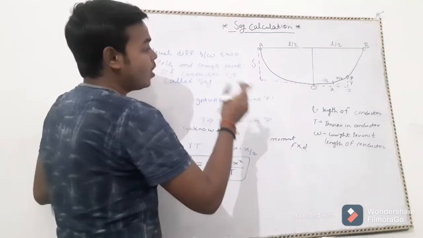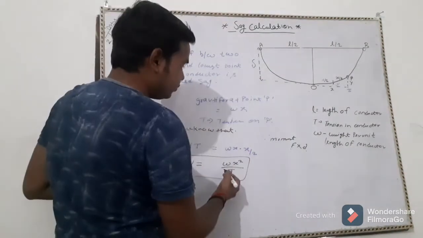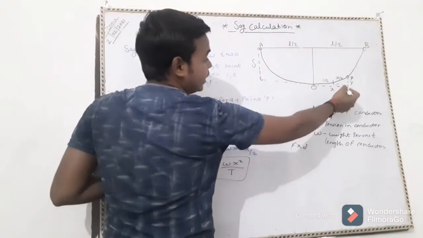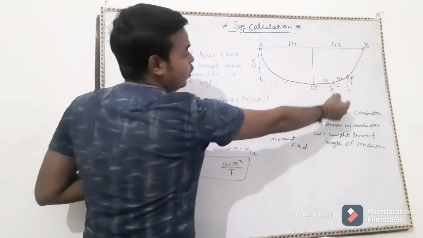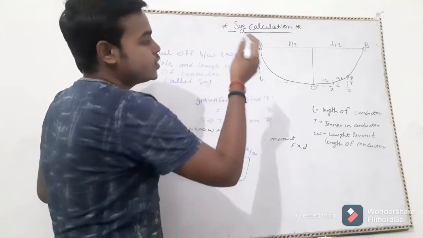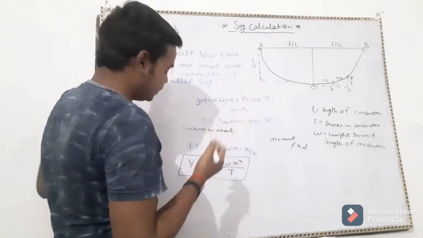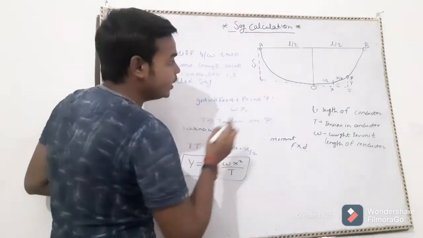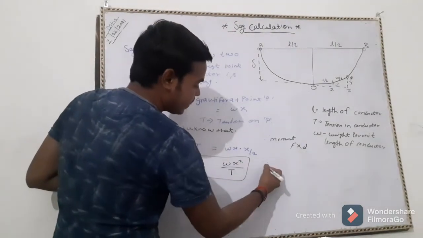Now if we assume this y is equal to b, so what will we put?